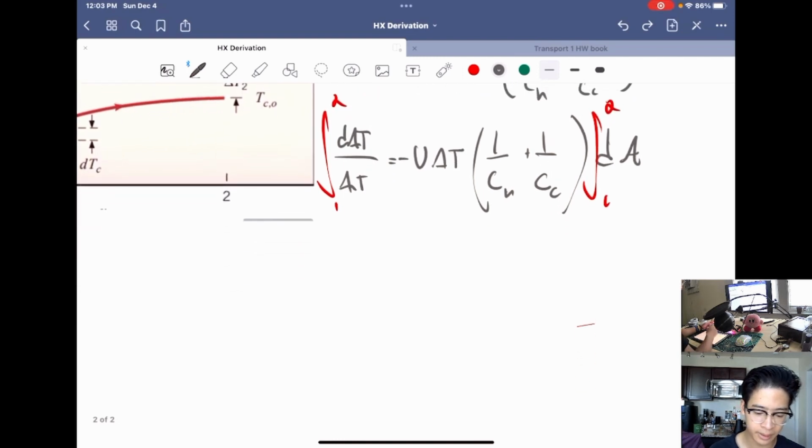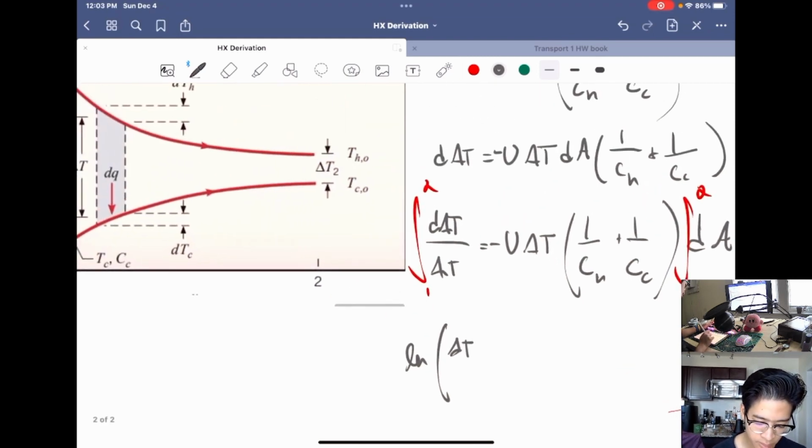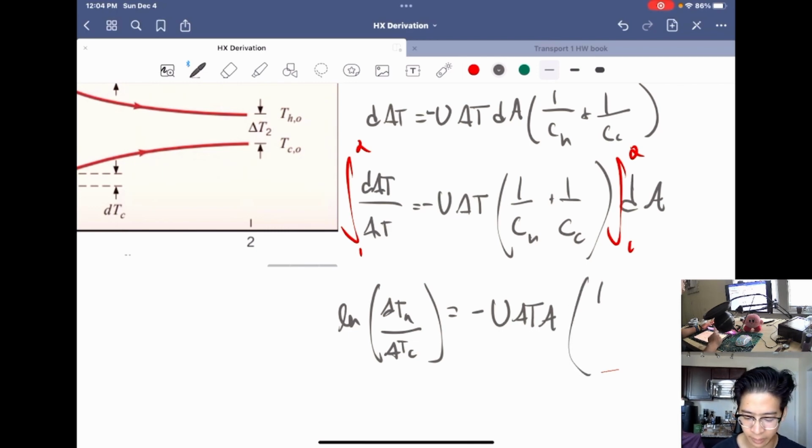Okay, so this becomes the natural log of delta T hot over delta T cold, I believe, is equal to the negative heat transfer coefficient multiplied by the change in temperature multiplied by the area of heat transfer, okay?